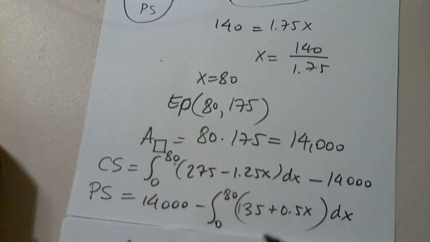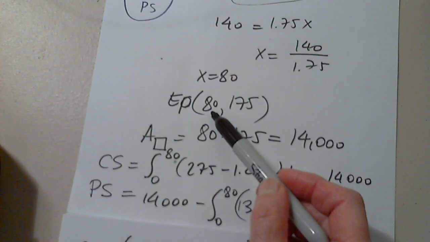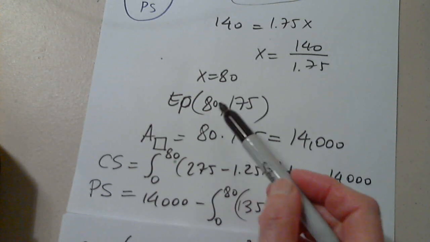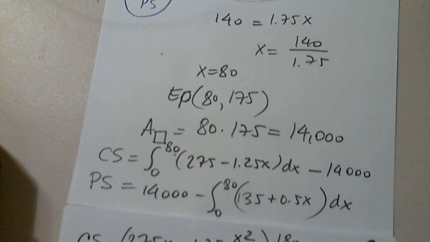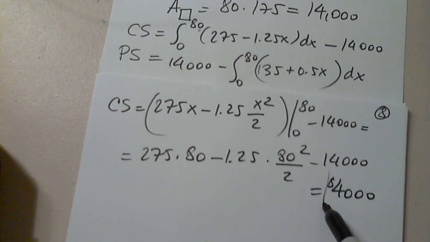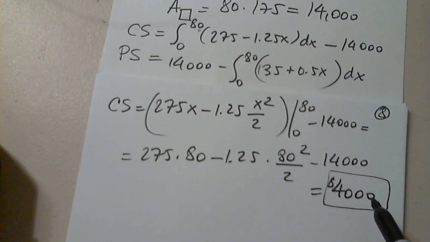In other words, if we buy 80 units at $175 per unit, we are getting a little bit extra that we did not pay for. We are getting some utility, some extra, 4,000. Let's check to make sure.